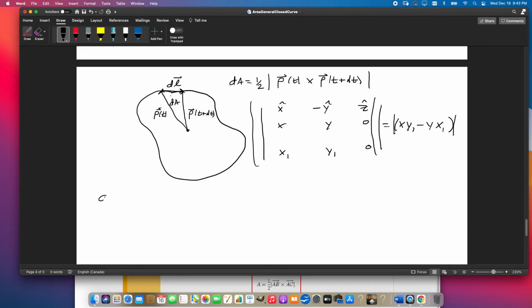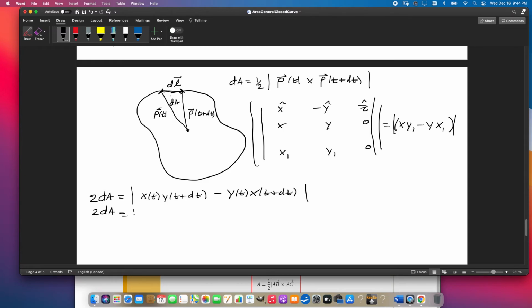Okay, so let me write it out. 2dA is the magnitude of x of t, y of t plus dt, minus y of t, x of t plus dt. Now if I divide by dt, is that what I want to do? No, let me hold off on that for a second.